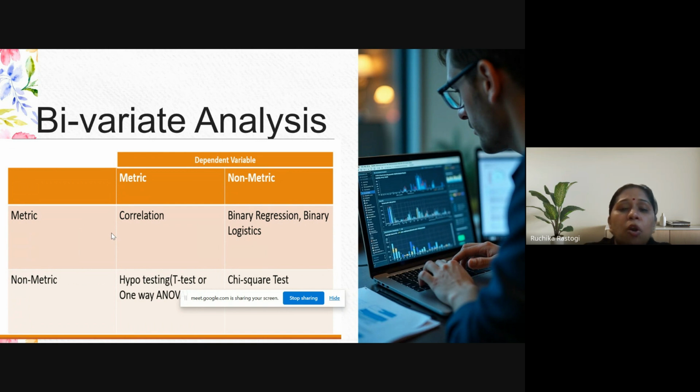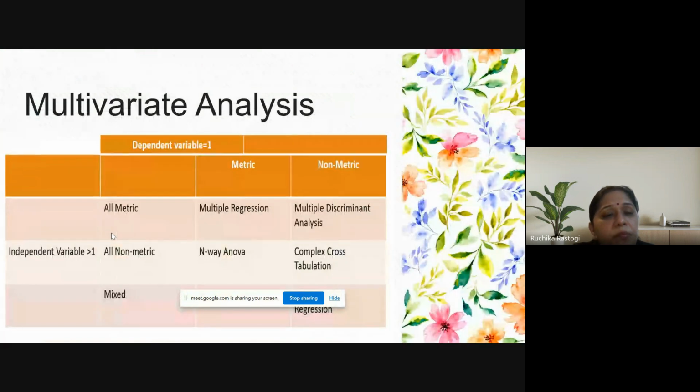Linear regression will not work here, because linear regression needs data in a continuous series. If the data is not continuous, then binary regression and binary logistics will go. Likewise, we have seen what will go when the independent factor is non-metric and the dependent factor is metric, especially in bivariate analysis.